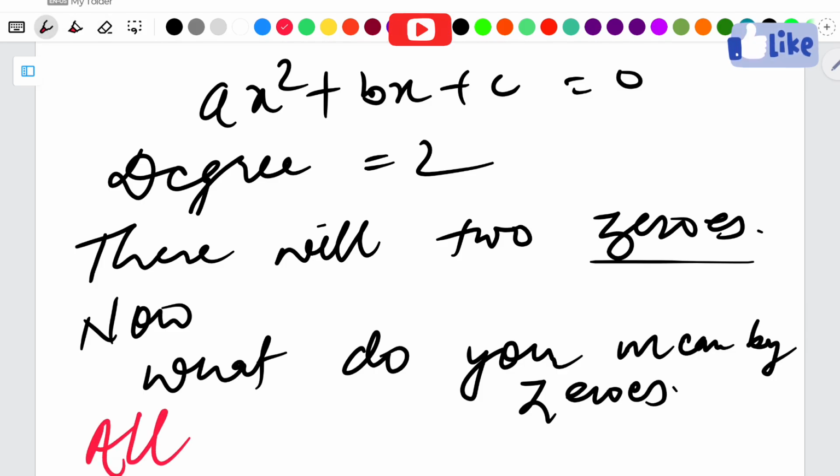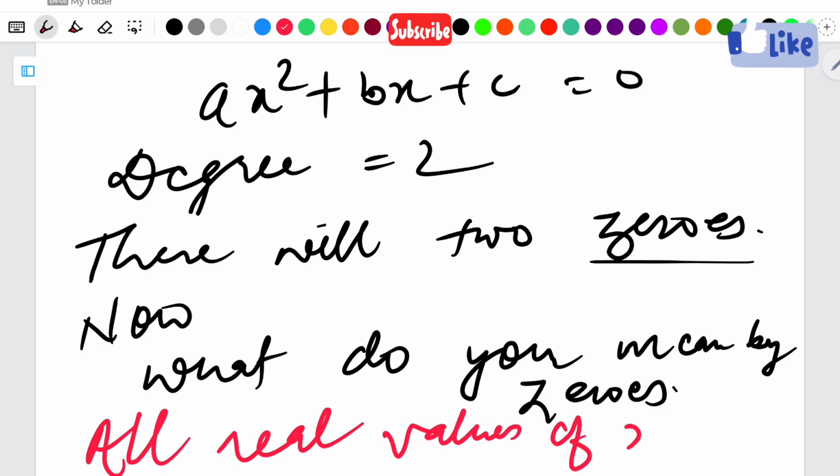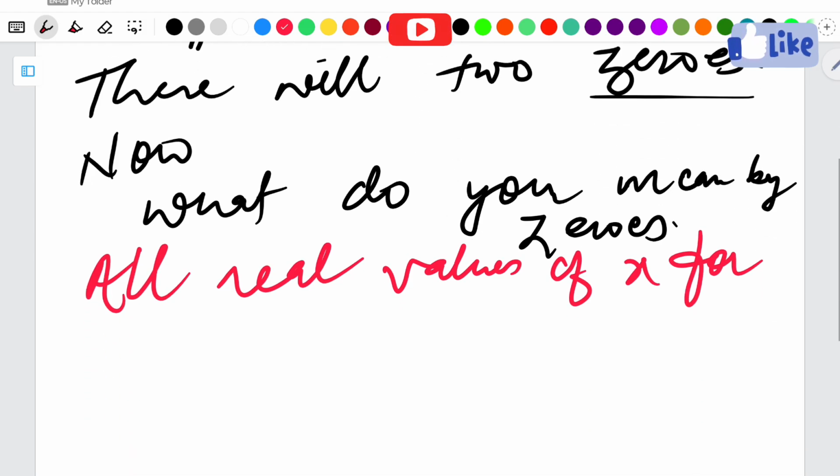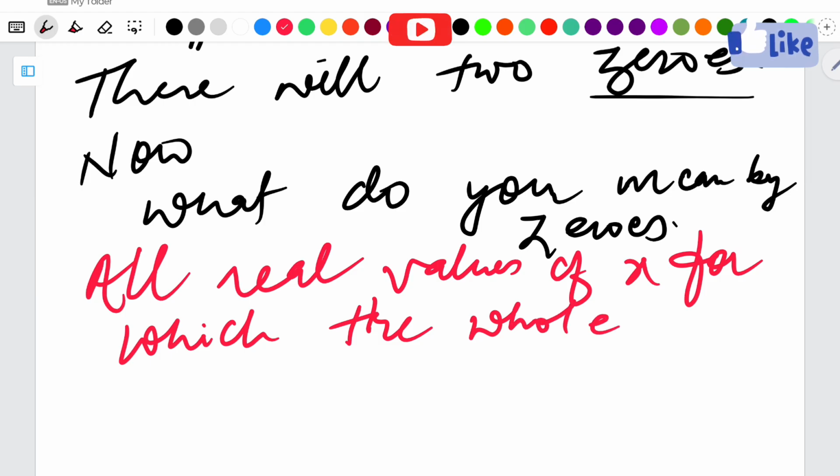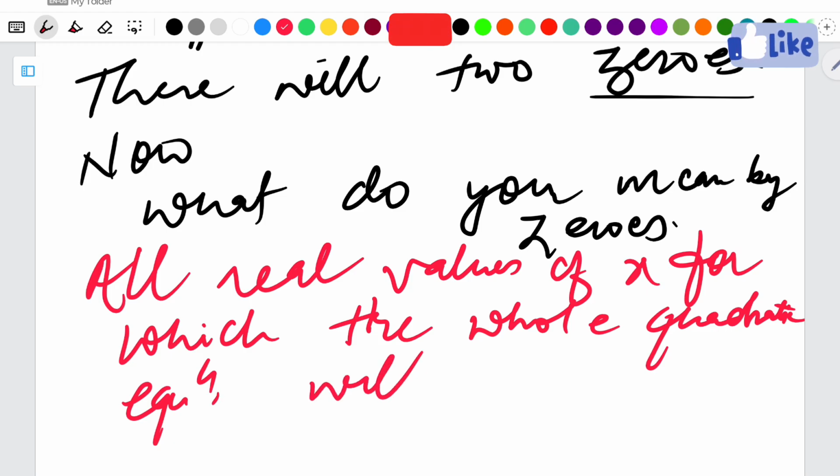All the real values of x for which the whole quadratic equation will be 0.